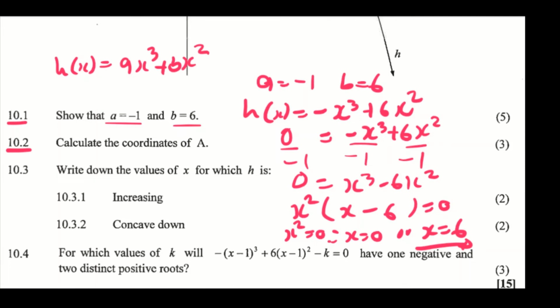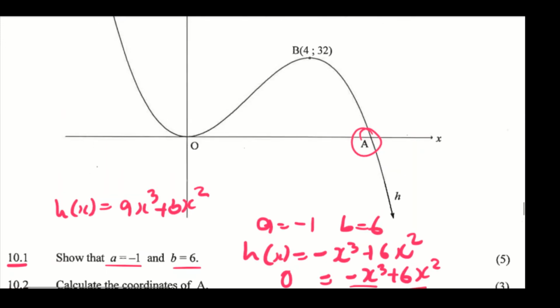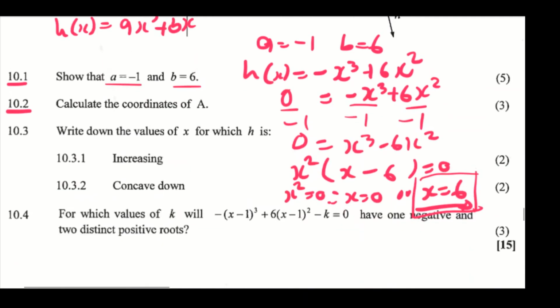So the only possible value of A should be this one here, x being equal to 6, because you look at where it's situated. So the coordinates of A are 6 and 0, right?